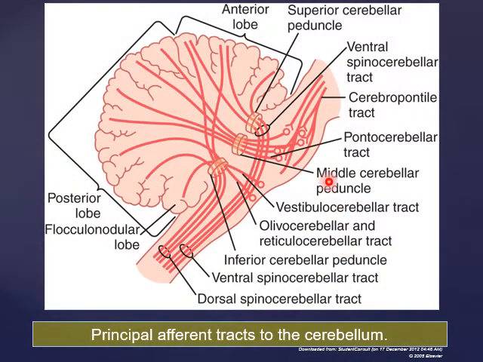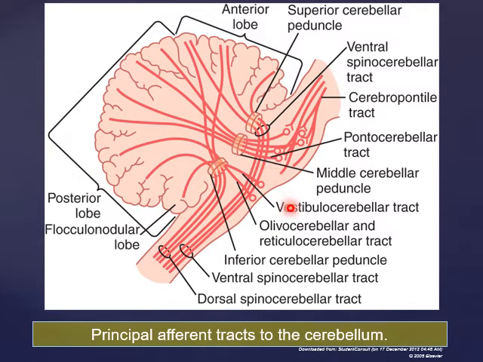I told you one of the most important ones is the corticopontocerebellar. And then you see there are three peduncles, and these peduncles usually connect the midbrain, pons, and medulla to the cerebellum. You call them the superior, middle, and inferior cerebellar peduncles. You can see the corticopontocerebellar tract usually entering through the middle cerebellar peduncle and supplying both hemispheres of the cerebellum.